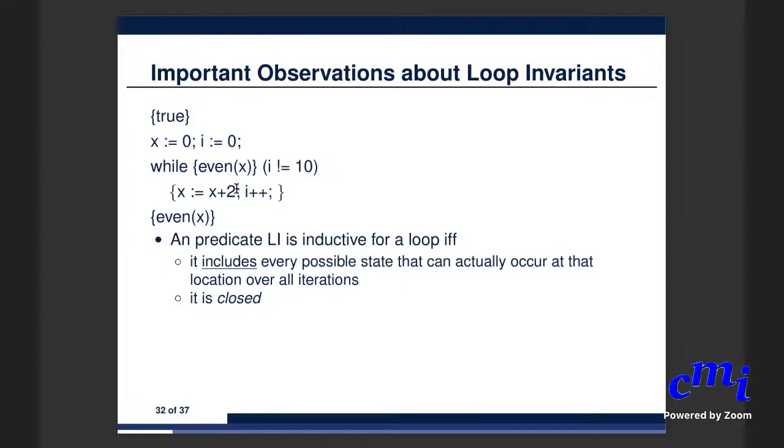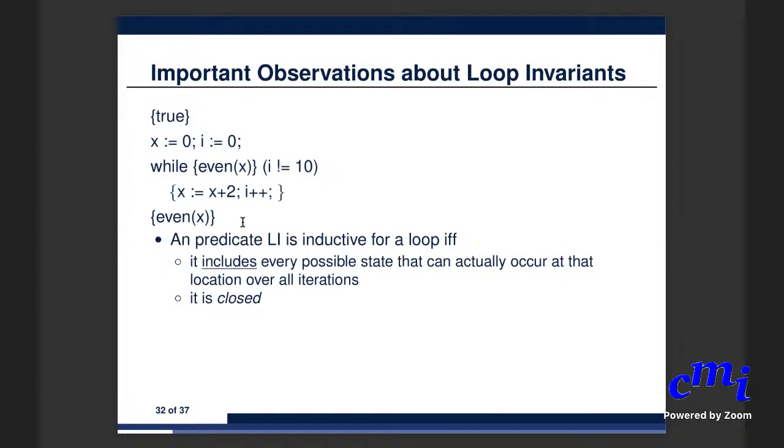And it is closed, because if you start with something that is even, after execution of the body you will continue to be in that set of even numbers. In that sense, the predicate loop invariant is closed for all executions of the body. Is that clear?